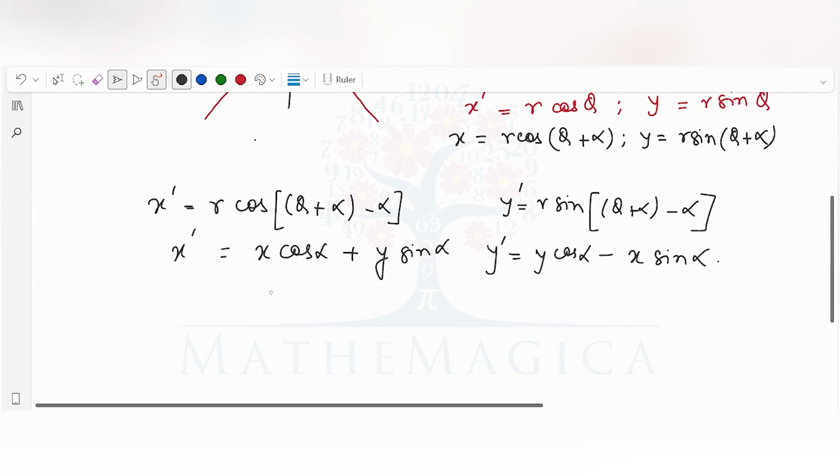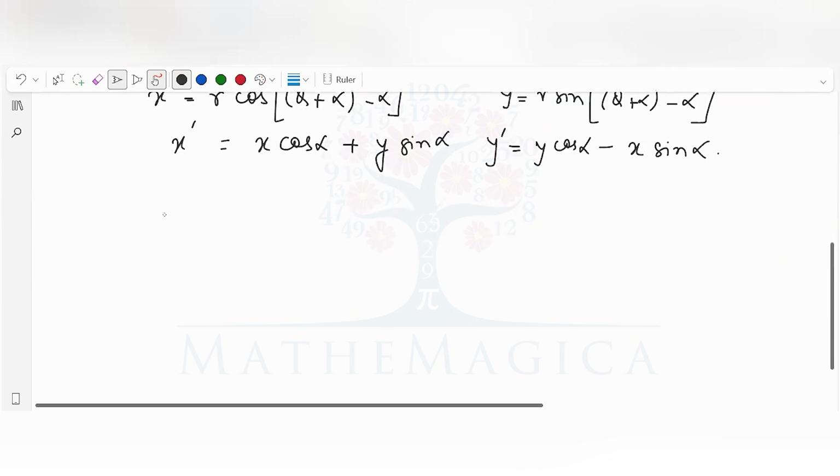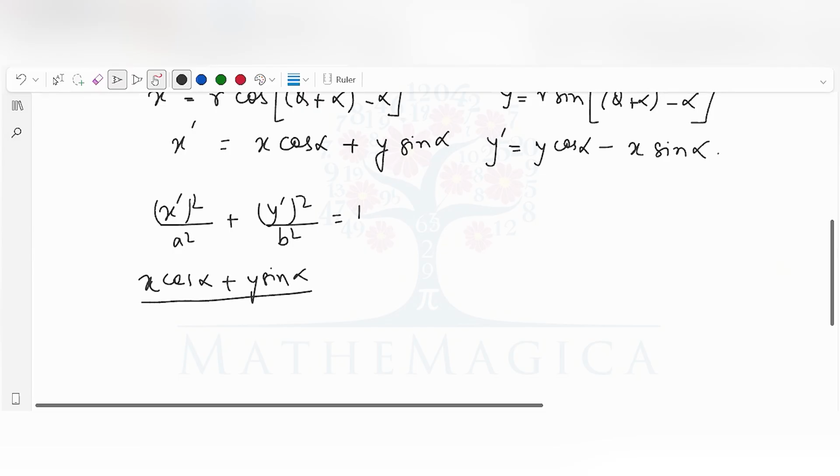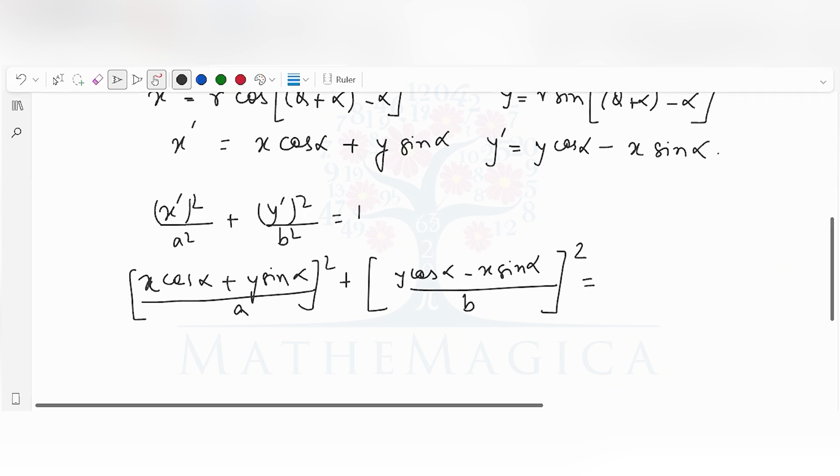Clear? Now we put it in the equation where we wrote x bar squared by a squared plus y bar squared by b squared equal to 1, and we have (x cos alpha plus y sin alpha) whole squared by a squared plus (y cos alpha minus x sin alpha) whole squared by b squared equal to 1.